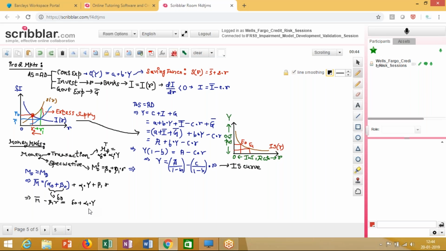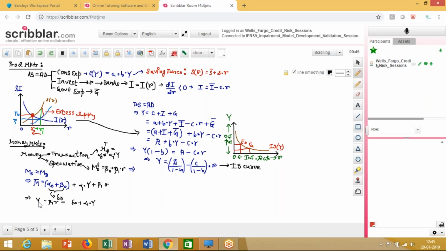Right. Now, obviously, there is another relationship: assuming that the entire output is being generated in terms of monetary output, the output that you are generating should be equal to the amount of money that is there. So at the end of the day, when you are in equilibrium, this M bar should equal y, right?